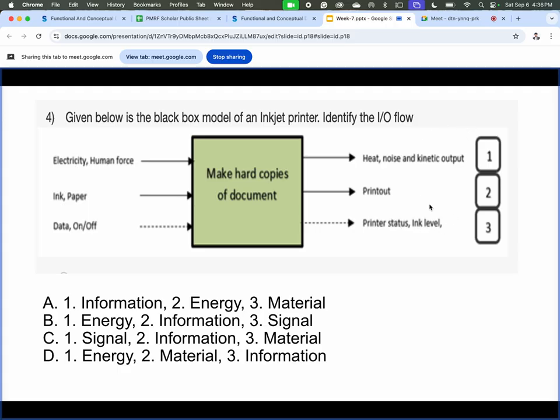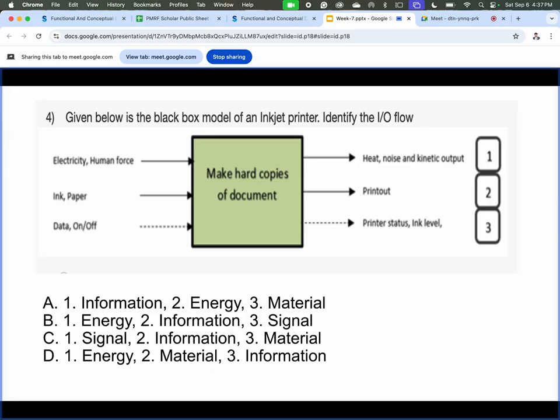So what is the right answer? The question is asking, given below is the black box model of an inkjet printer, identify the input output flow. Okay, so in an inkjet printer, the three flows definition is operation, energy, material, and information.